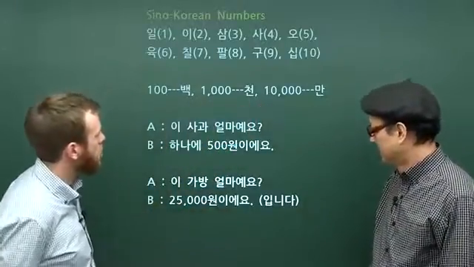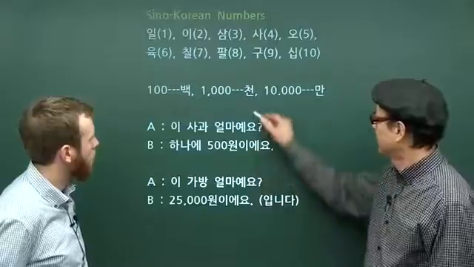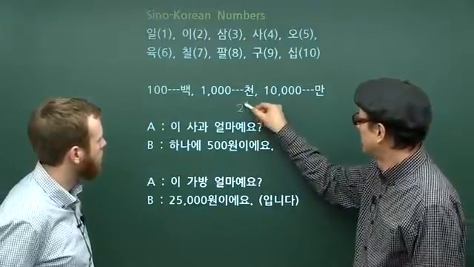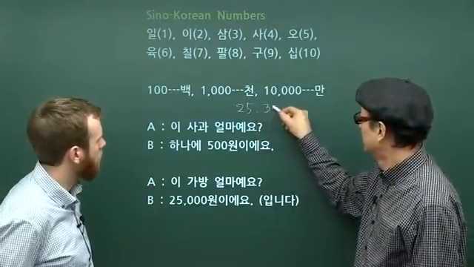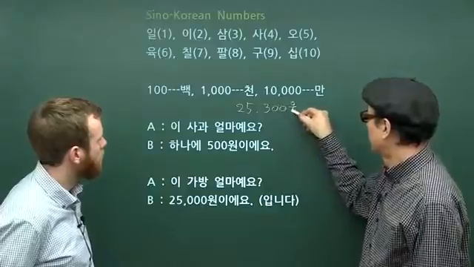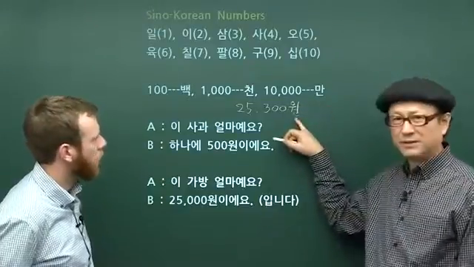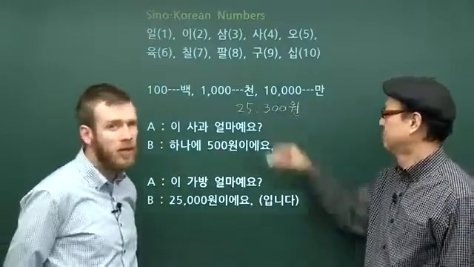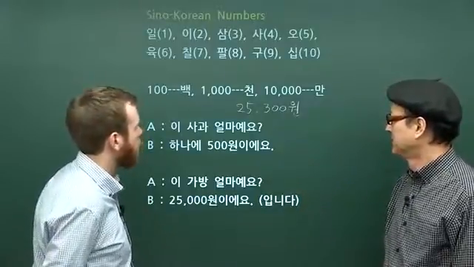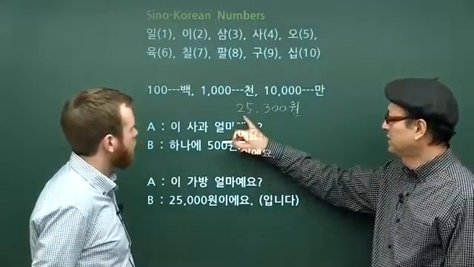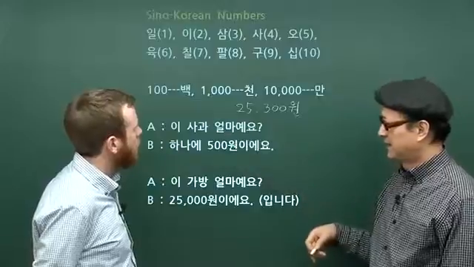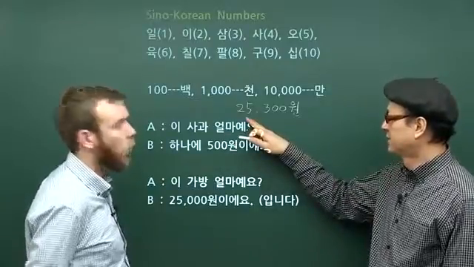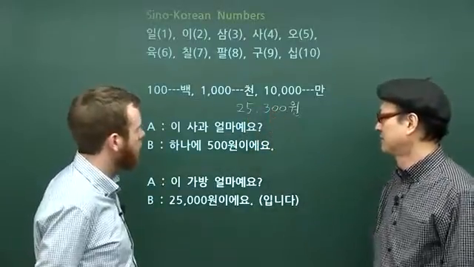Won. 원 is the currency in Korea. So this is 2만 5,300원. 300원.